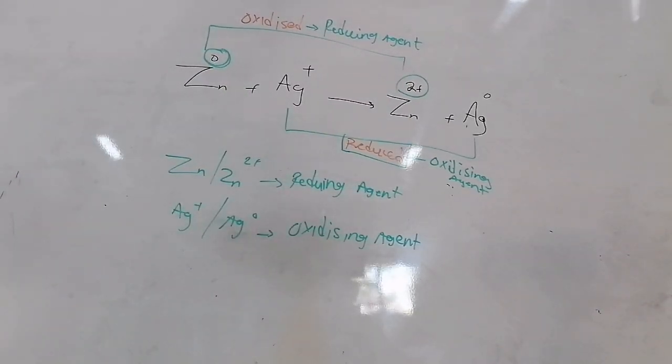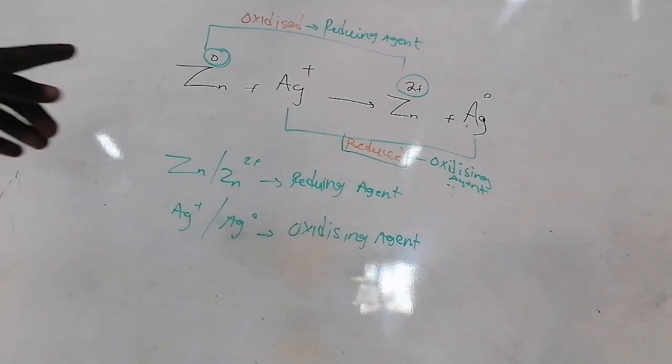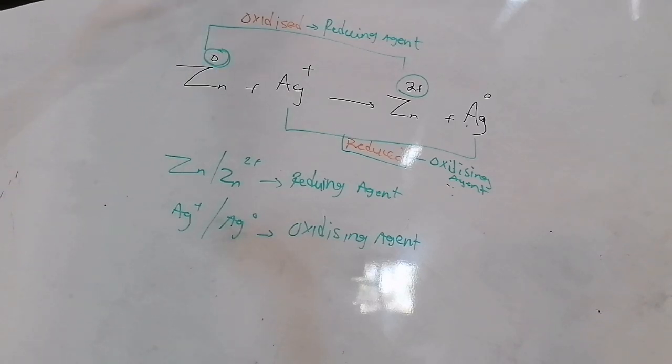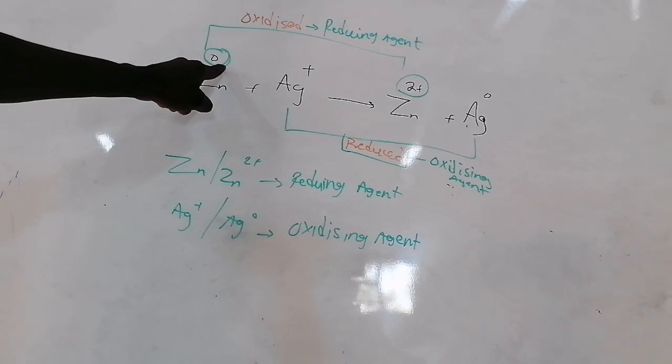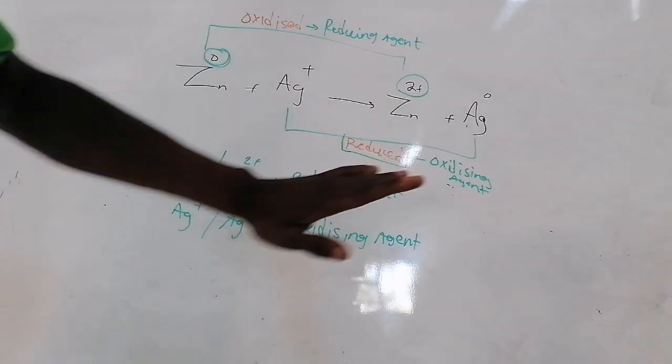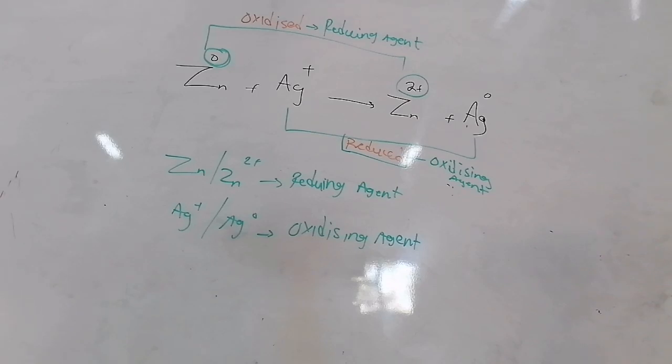If in question 1 you were asked to find the reducing or oxidizing agent, and they ask why you say it undergoes oxidation, explain in terms of oxidation number. We'll say because the oxidation number increased from 0 to 2. You just write that, then you get 2 marks.